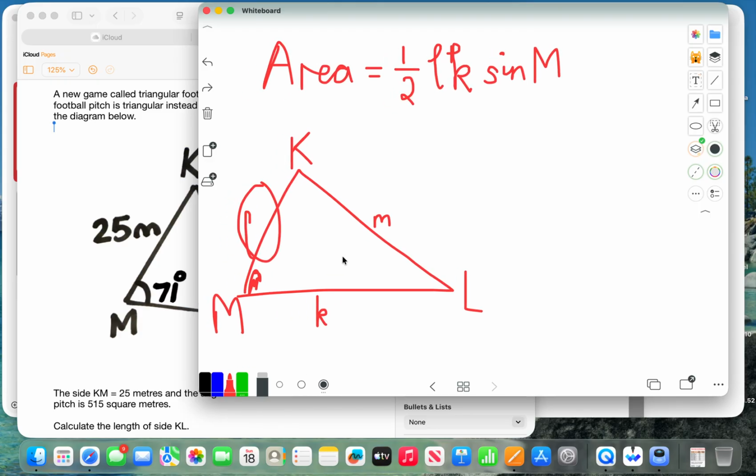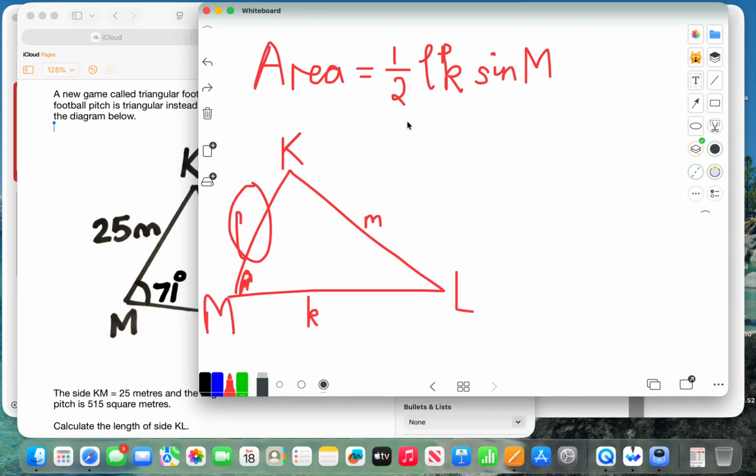So start plugging in and we get the area is 515. We have 1/2. l is KM, which is 25. Small k we don't know.